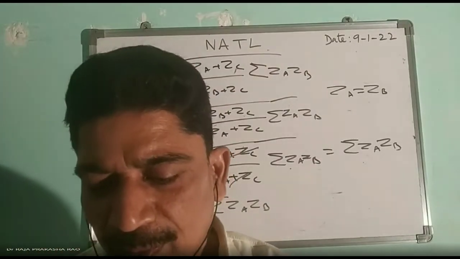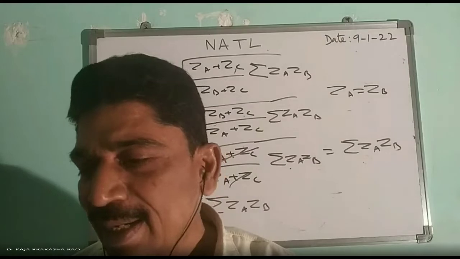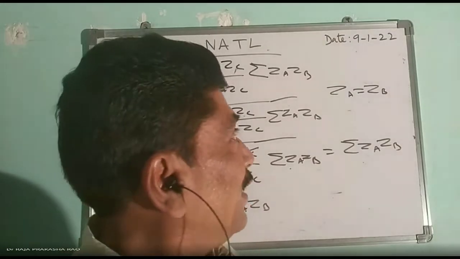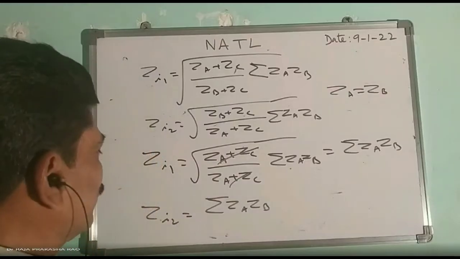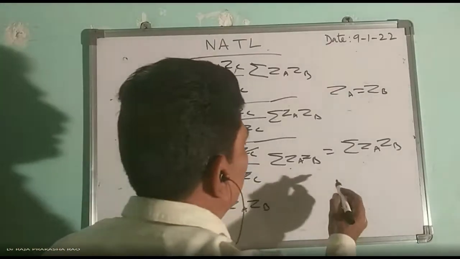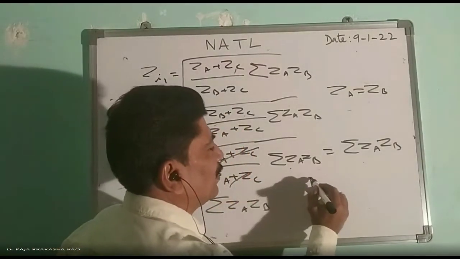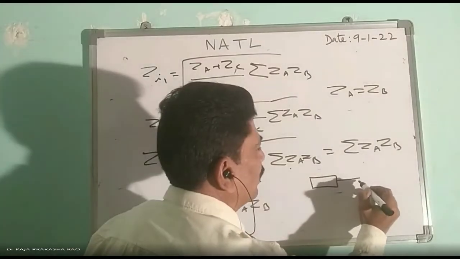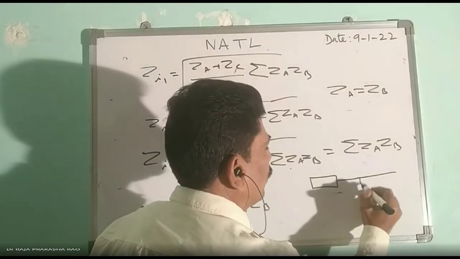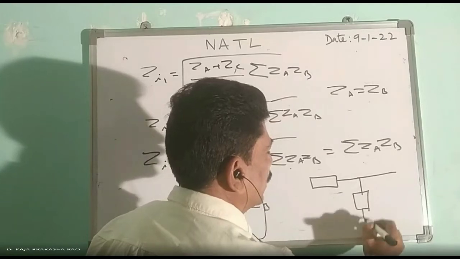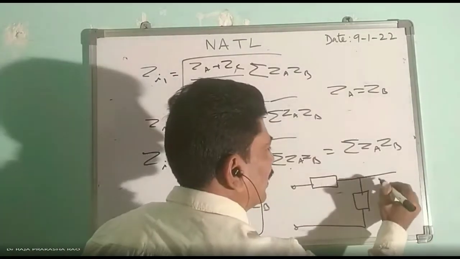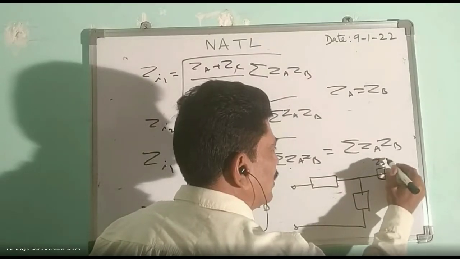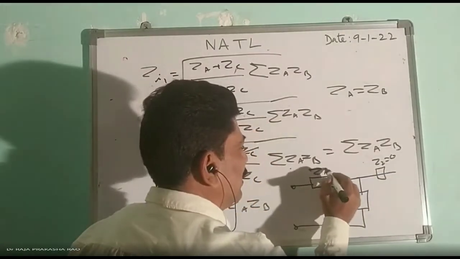Now let us see what the image impedance will be for an L network. For an L network, ZB will be equal to 0. The L network will be like this. So this is an L-type network. Here ZB is equal to 0, and ZA is there.